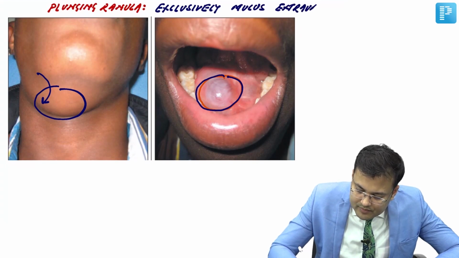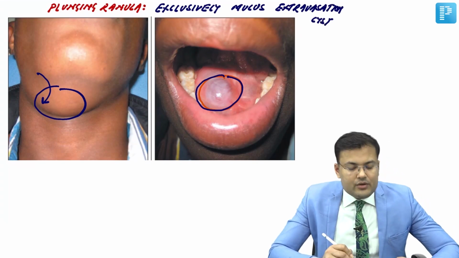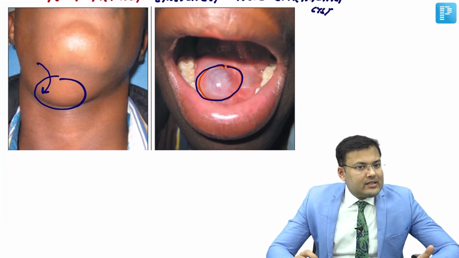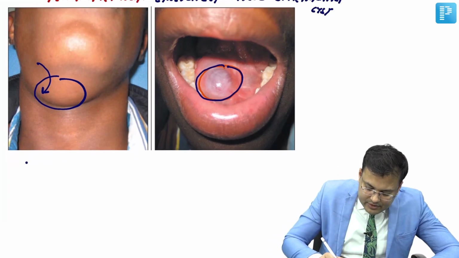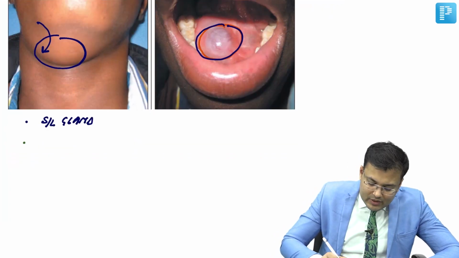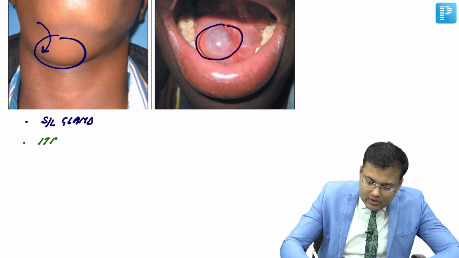Exclusively. And here you notice, again it is arising from which gland? It is arising from the sublingual gland.